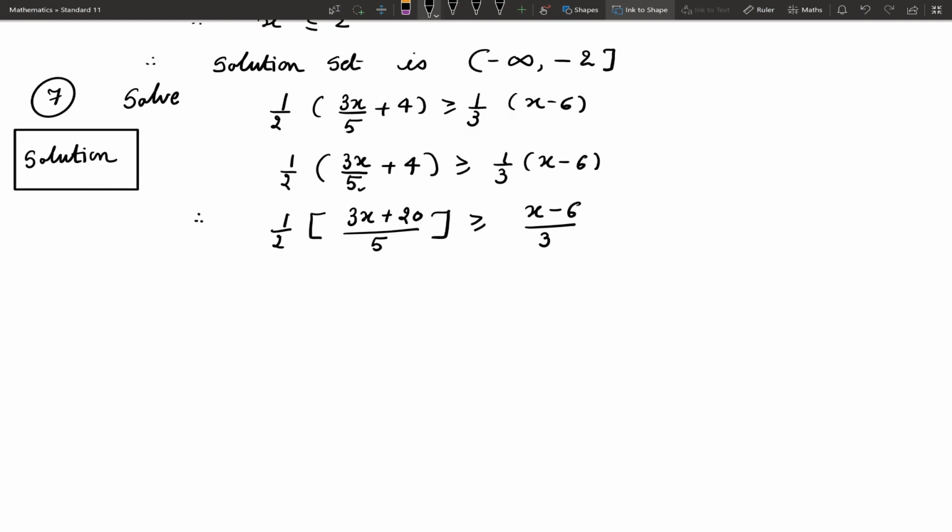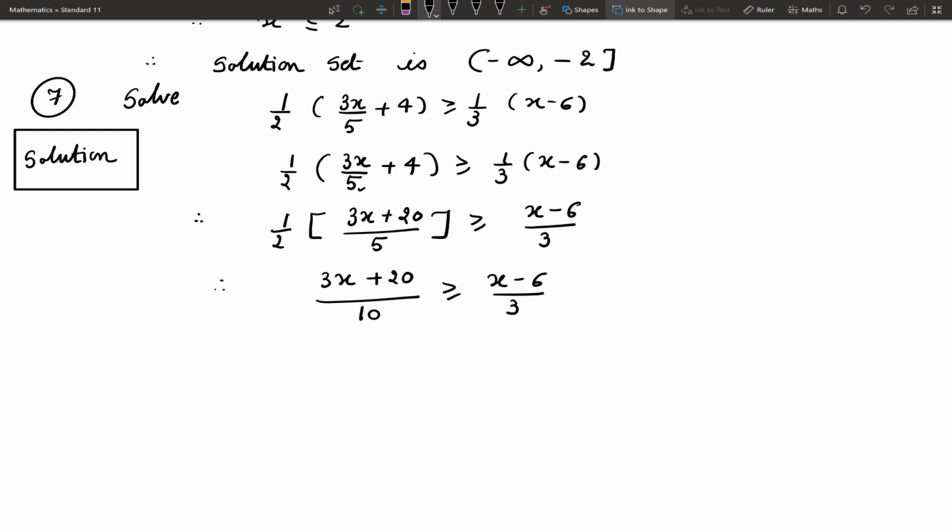Now 5 into 2, so this is 3x plus 20 upon 10. 5 into 2 10, x minus 6 by 3. Since both the denominators are positive, we can take cross multiplication.